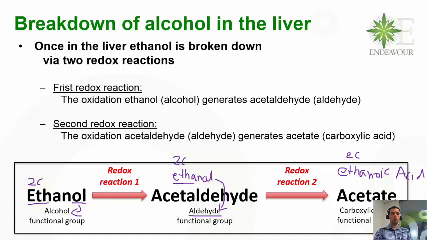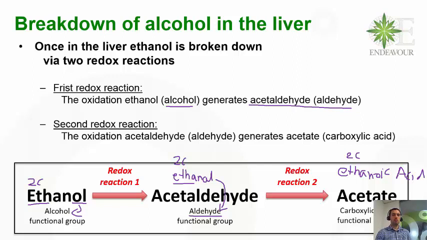Essentially the alcohol breakdown reaction is all about the conversion between these compounds. And in converting between these compounds, we're also changing the functional group. In each case, the functional group is actually being oxidized. So the ethanol functional group, which is alcohol, is going to be oxidized to the aldehyde functional group, which is present in acetaldehyde.